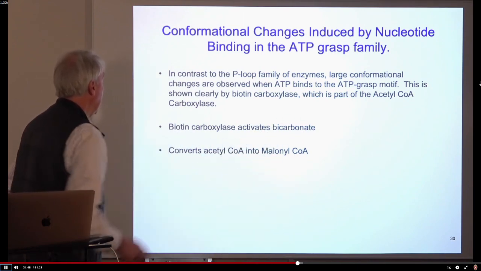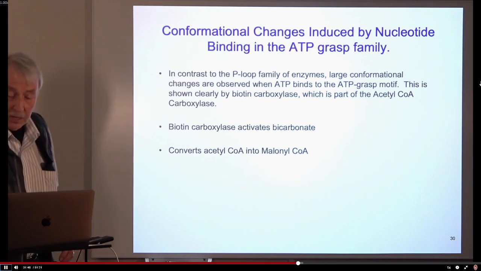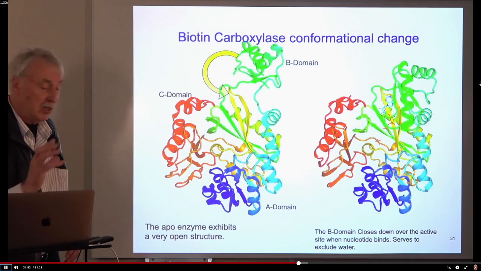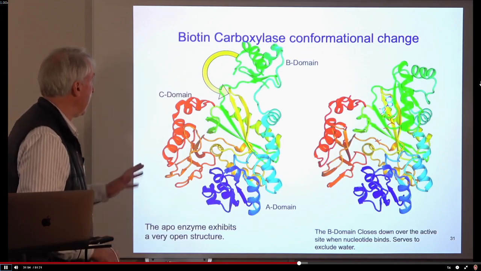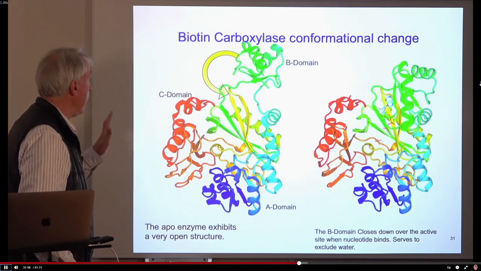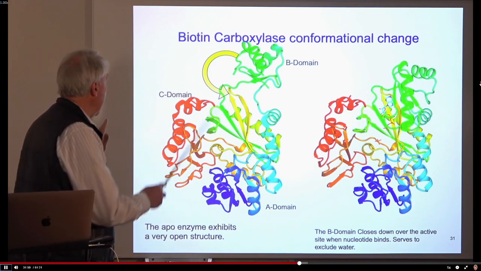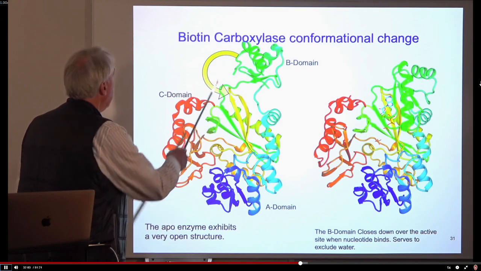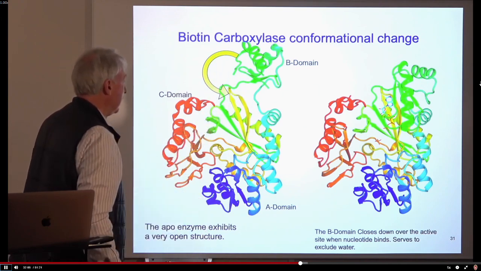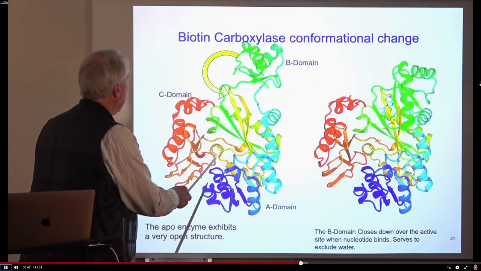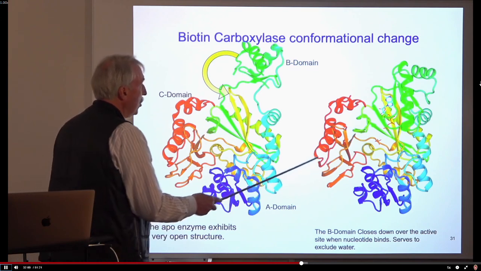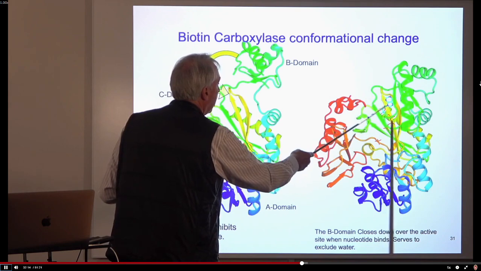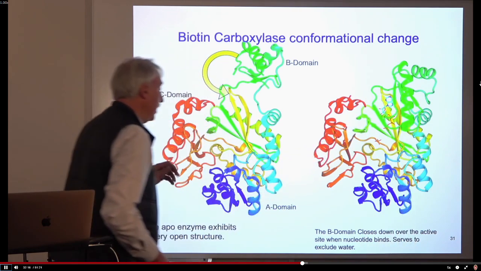It's a way of adding an additional carbon atom. If you look at the structure of the enzyme in the presence and absence of substrate, what you notice is that in the absence, the domains are fairly open, and the B domain is 70 degrees away from the active site. Upon coordination of the ATP in the active site, the B domain folds over the active site.